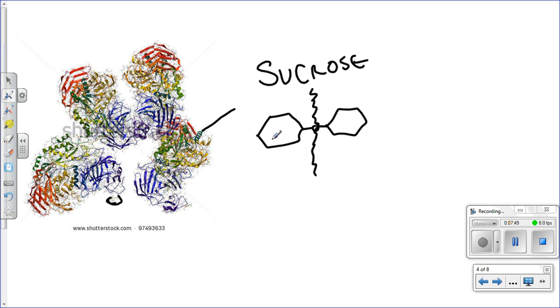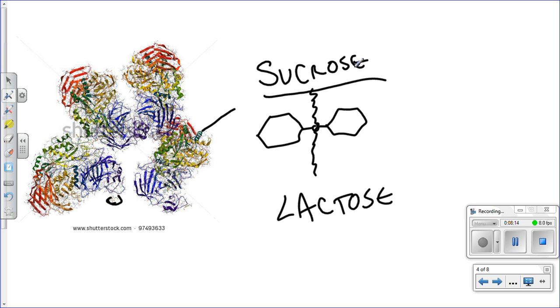I'm sorry, I misspoke, glucose and fructose. And fructose will be able to float away and be used by the body, and isomerase can change it into glucose if we need to change it. But it's very specific. Sucrase is really only going to work on sucrose. Sucrase will not work on another disaccharide called lactose, which is glucose and galactose. It won't break the glycosidic linkage there, because its active site is different.